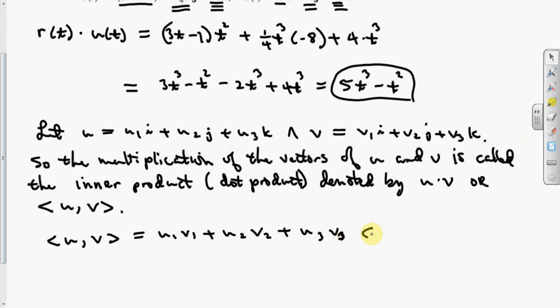Now, this guy is said to be in the one space. So the result is not a vector valued function. It's a scalar. For it to be a vector, you've got to have i, j, and k. The cross product is a vector. Cross product is not the dot product.